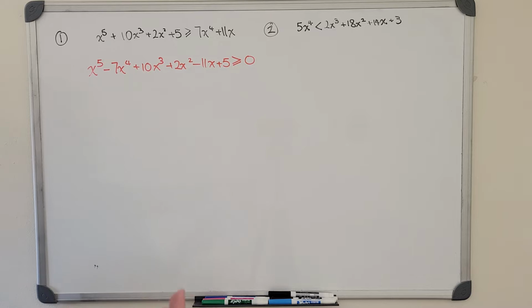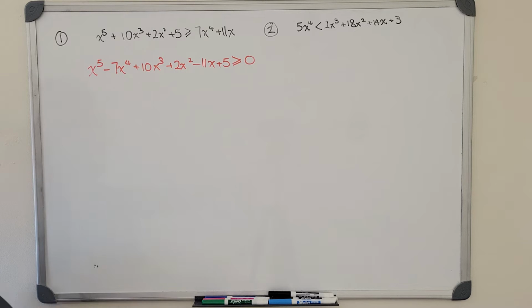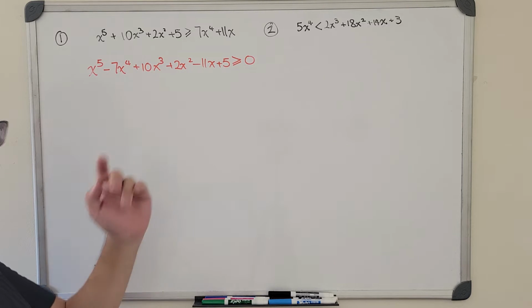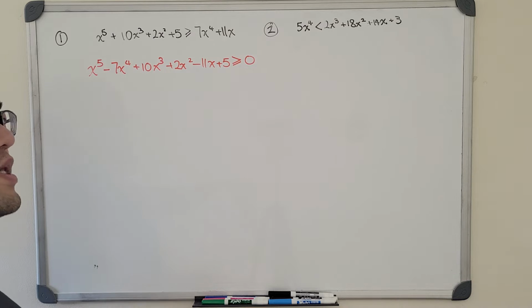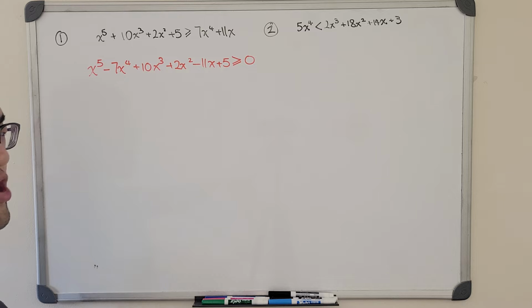Well, we're going to use something called the factor theorem, which perhaps you have learned in algebra class, which says that if some number a is a root of the polynomial expression that we have, then the term x minus a is one of the factors of the expression.